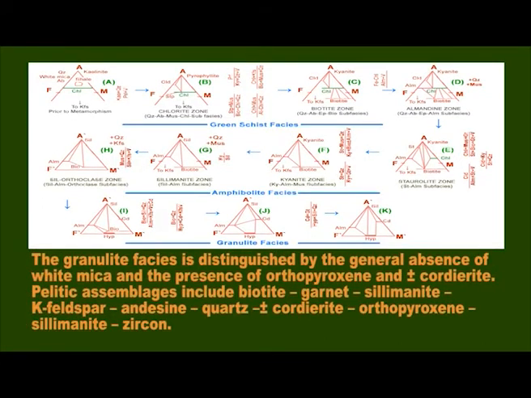The granulite facies is distinguished by the general absence of white mica and the presence of orthopyroxene plus or minus cordierite. Pelitic assemblages include biotite, garnet, sillimanite, potash feldspar, andesine, quartz, plus or minus cordierite, orthopyroxene, zircon, etc. The quartzo-feldspathic rocks differ from the pelitic rocks.